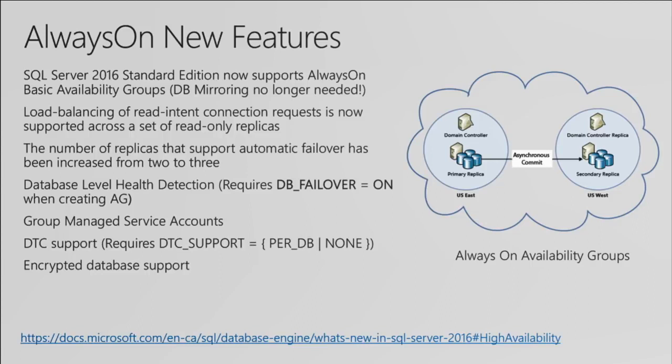Database level health detection is another new feature in 2016, where if a database were to fail within an availability group, it will fail over the availability group. Previously, it was really only if the server failed that it would move the availability group over. Database level failover actually needs DB failover turned on when you're creating the availability group. It has to be configured to allow for database level failover.